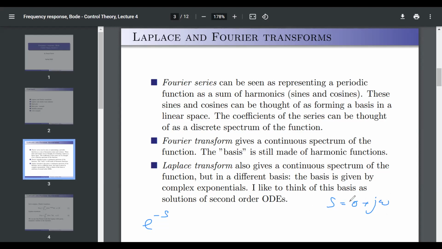So if this is a complex number, this is a complex exponential, and you can write it like this.